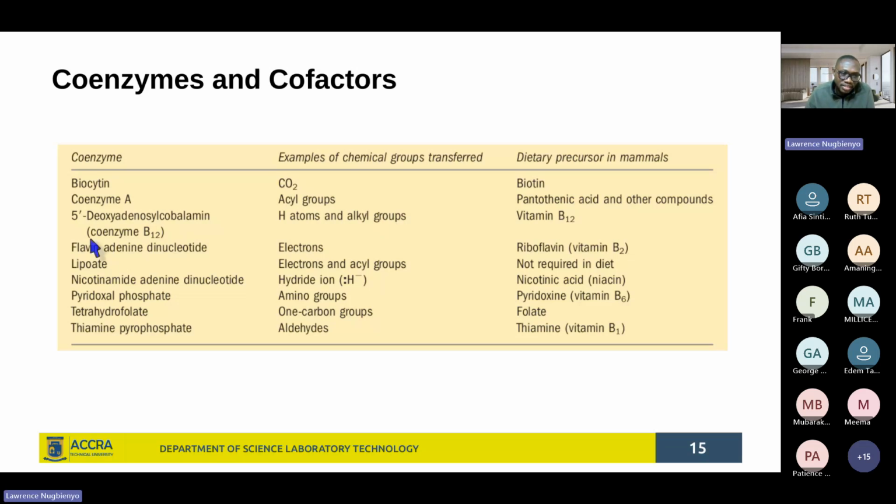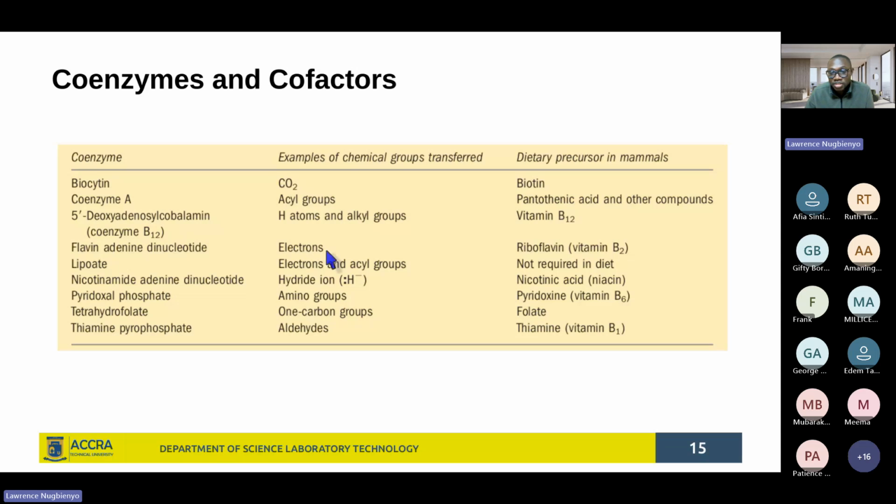You have flavin adenine dinucleotide. You've actually been seeing these in many reactions, like you see some reactions and then on the arrow is written FAD. That is flavin adenine dinucleotide, which is involved in the transfer of electrons. So that clearly tells you that FAD is involved in oxidation reduction reactions.